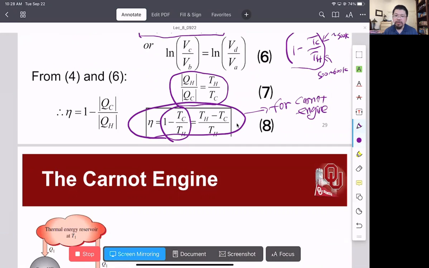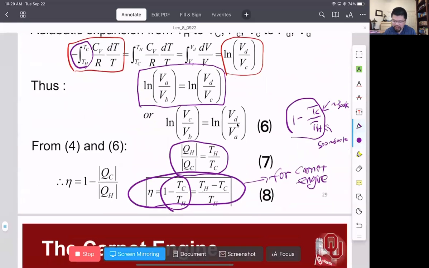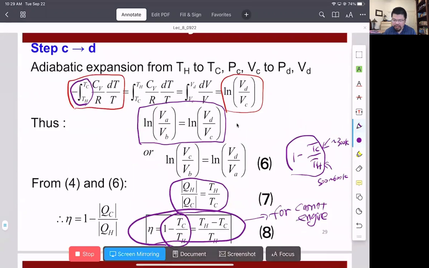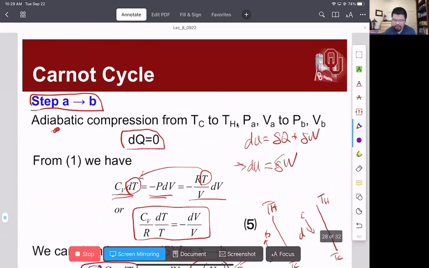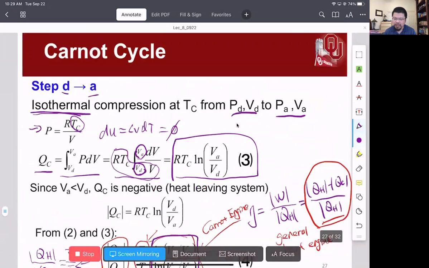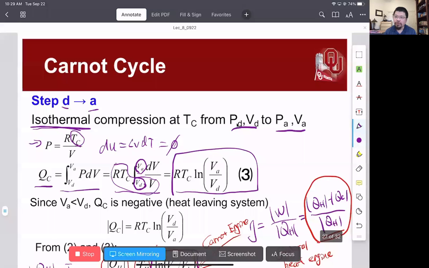I was basically building up this lecture on the previous calculation of the work and the heat for the ideal gas. So if you are not very happy with this slide or any of those slides regarding the Carnot cycle, you should visit the previous lecture on the ideal gas equation and related work and heat calculation.